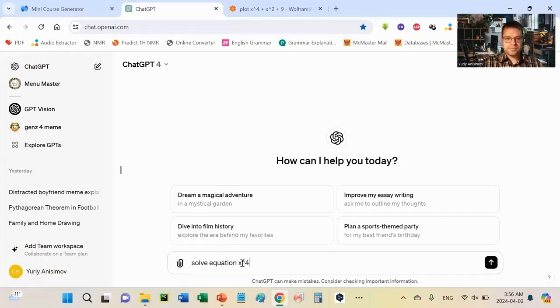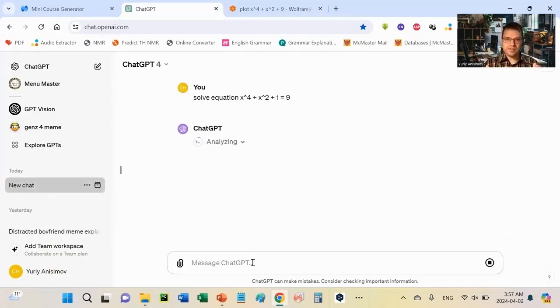Pay attention how I put it here, as I did in Wolfram Alpha, I raise it to the power of 4, x squared plus 1 equals 9. Okay, now it's analyzing. Now it deploys its code interpreter, analyzes, and let's see.